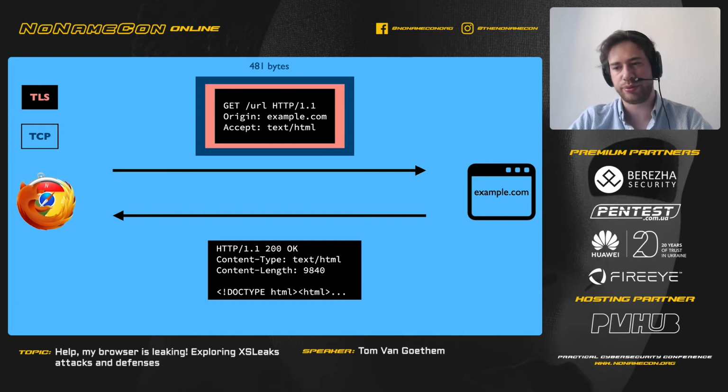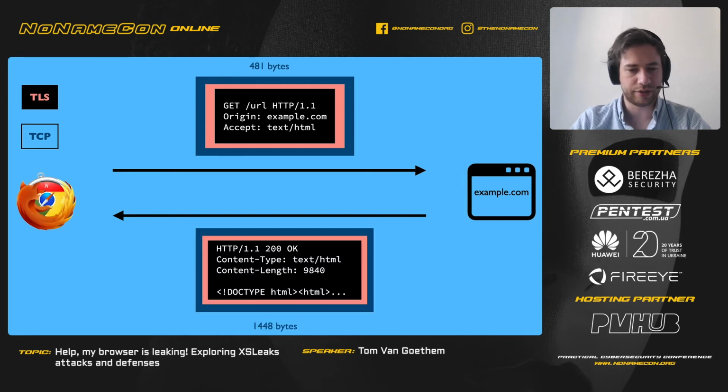Then the server will generate a response and send it back to the client. Again, it is put into a TLS record, and also a TCP packet. But as you can see, the content of this response is 9,840 bytes.